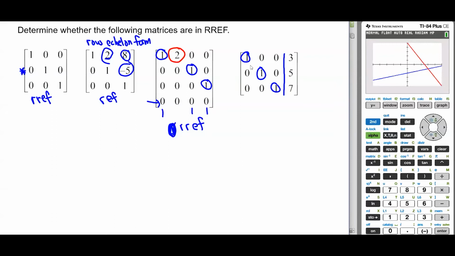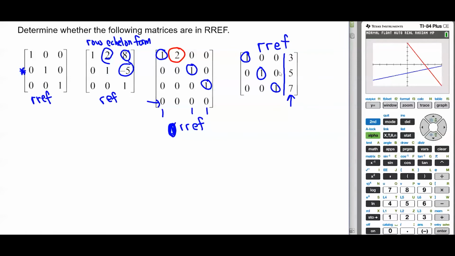Every other entry in those columns is 0, and there's no row of zeros. This column does not have a leading 1, so we don't worry about if those entries are zeros or not. We just want to eliminate the other column members in the columns that have leading ones. So this guy is in RREF.